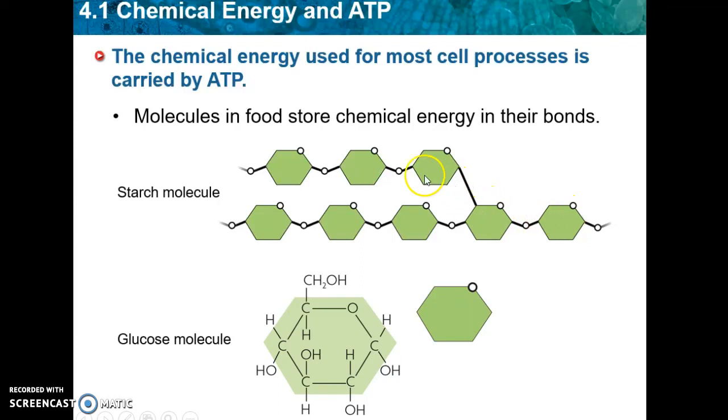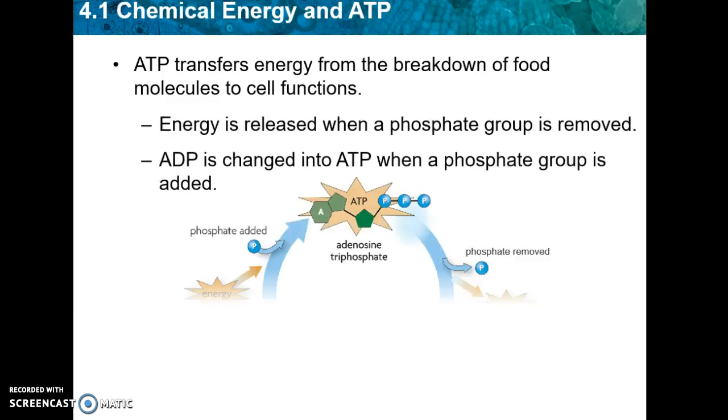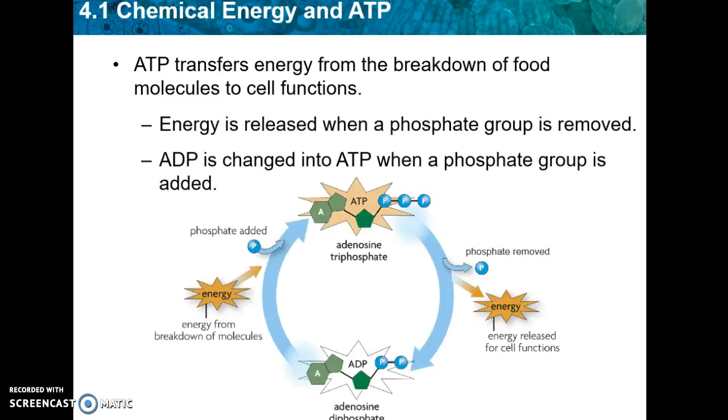So this is the polymer carbohydrate. And this is also a glucose molecule down here, which is also a carbohydrate. Let's get these up here so you can look at them. ATP is going to transfer energy from the breakdown of food molecules to cell functions.